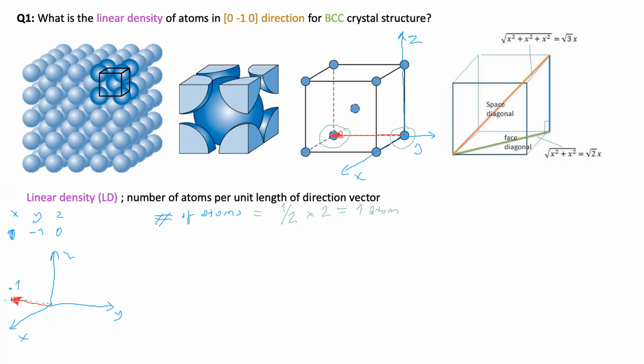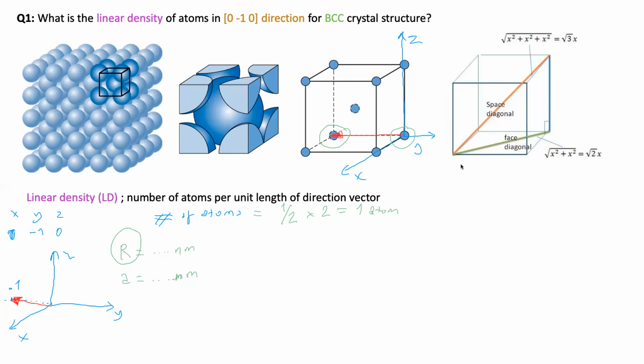Okay, so we need to find the length of the unit vector here. And since we are not given any R value or A value, we will try to write everything in the R parameter.